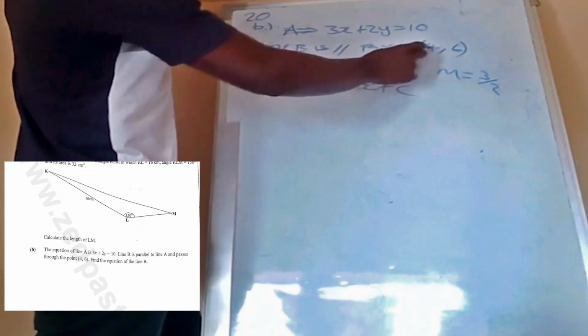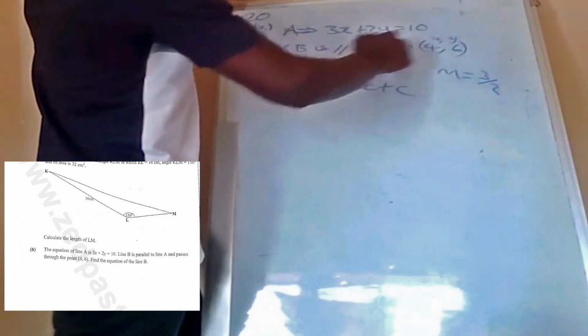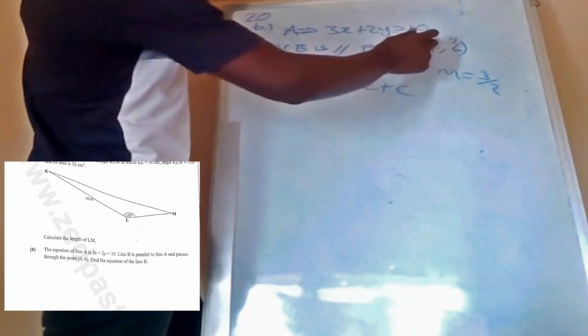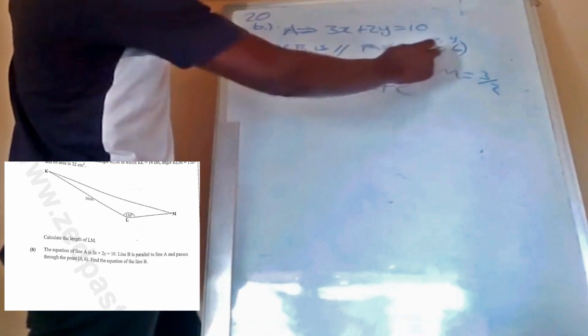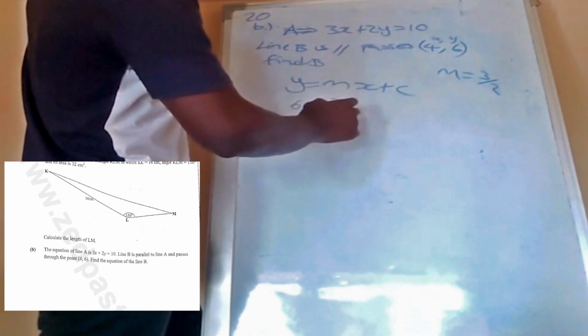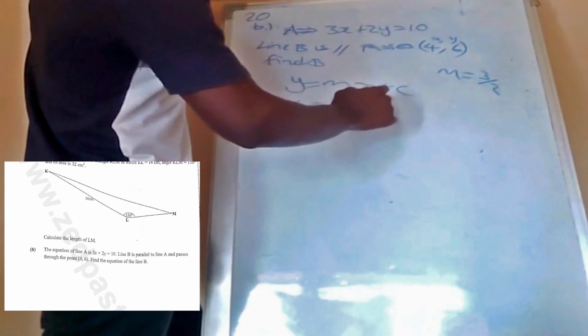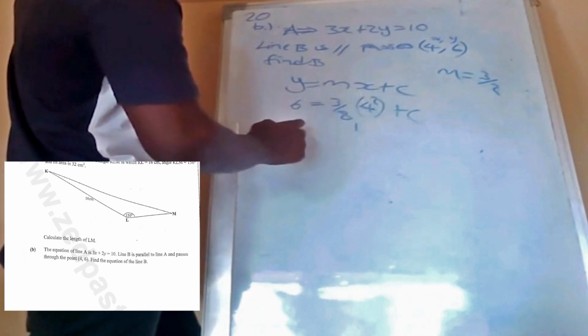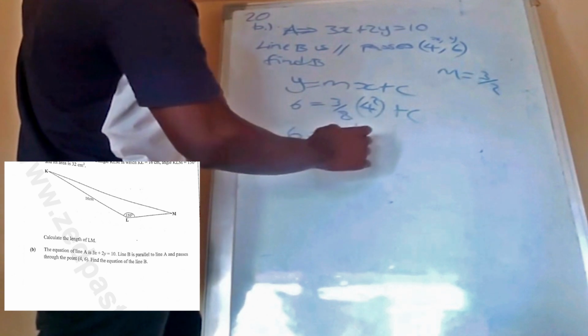Gradient is that one. This is x comma y. So what we're doing now is basically just finding the value of the constant c. So we place x and y and the gradient. Where there's y, we'll put 6 equals, where there's the gradient, we'll put 3 over 2, where there's x, we'll put 4, plus c. This 2, 6 equals 6 plus c.